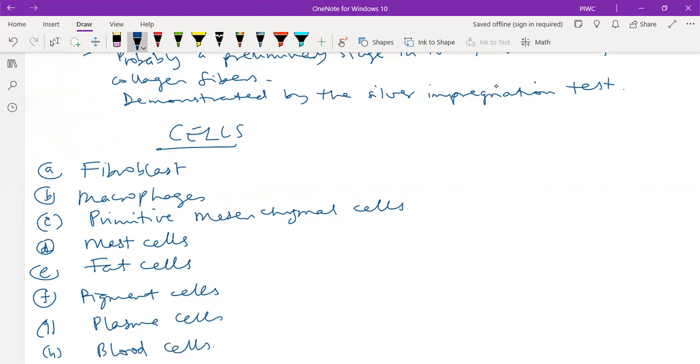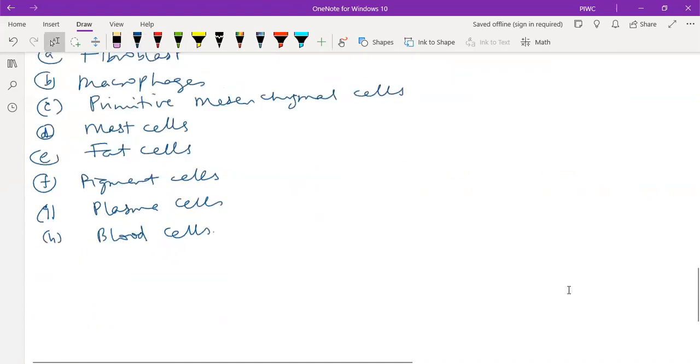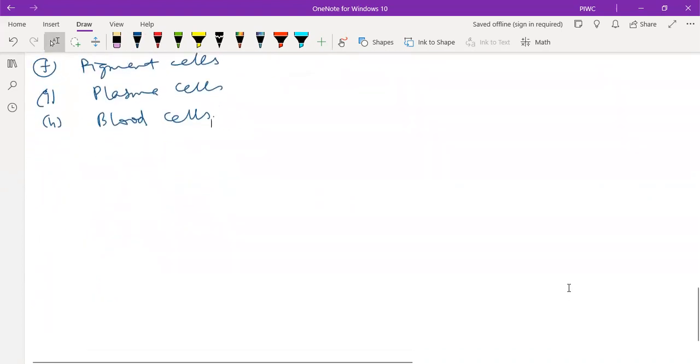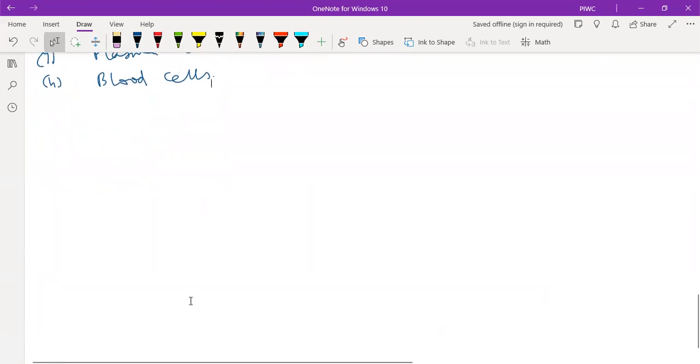So these are different types of cells that you can find in the connective tissue. Now let's talk a little bit about the details of each of these. So let's begin with the fibroblast.